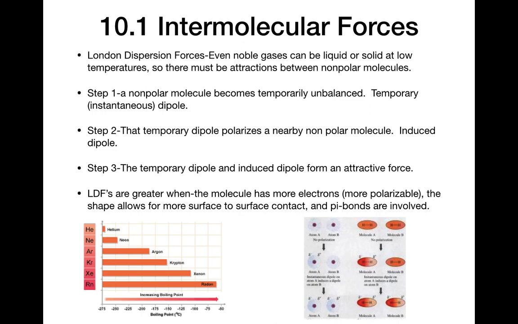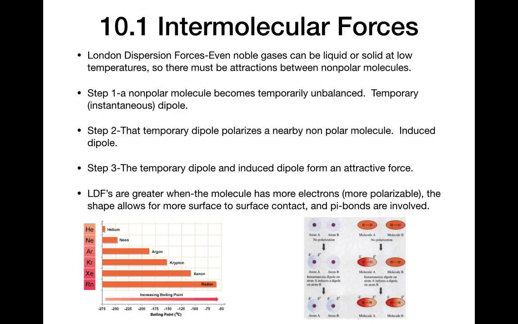Another type of intermolecular force is the intermolecular forces between nonpolar molecules. Noble gases can be liquids or solids at low enough temperatures, so there must be some kind of attraction between nonpolar molecules. The way we explain it is kind of a 3-step process. London said that first the nonpolar molecule just becomes temporarily imbalanced due to the movement of electrons.